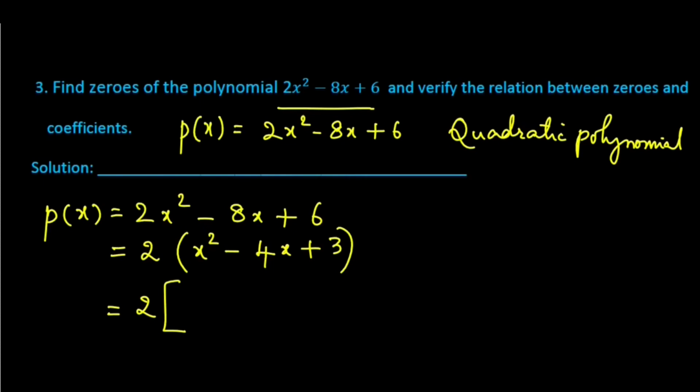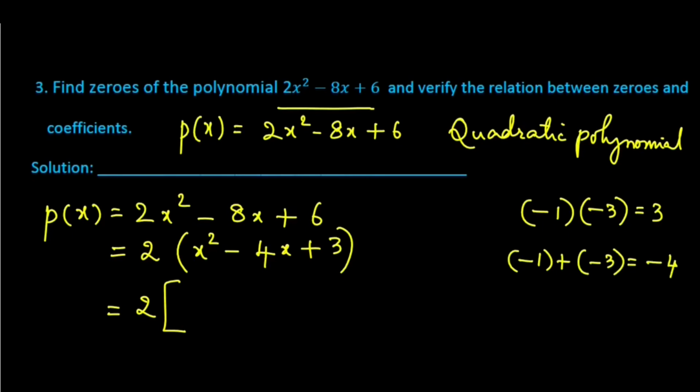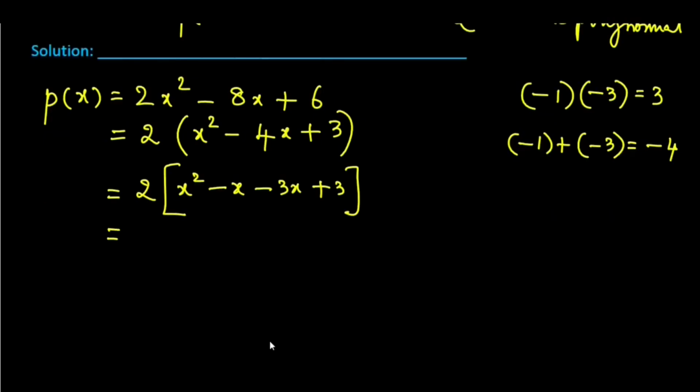Here we have to find factors of 3 whose sum is minus 4. So minus 1 into minus 3 is 3. Minus 1 plus minus 3 is minus 4. So we can write this as x square minus x minus 3x plus 3. This is 2 into, here we can take common factor x out, so x into x minus 1.